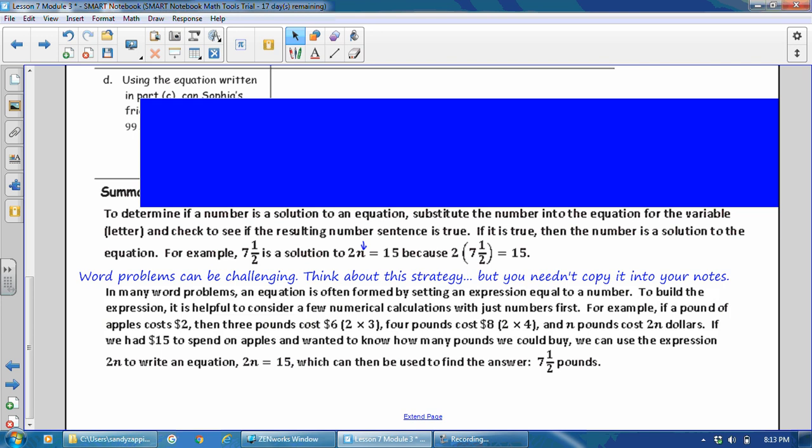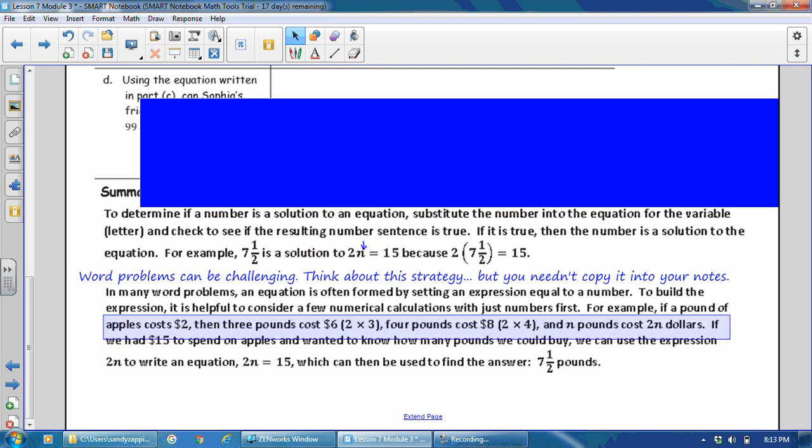For example, if a pound of apples cost $2 and 3 pounds would cost $6, $2 times 3 pounds, and 4 pounds would cost $8, $2 times 4 pounds, then n pounds would cost 2n dollars, because we've figured out that we multiply 2 times the number of pounds to get the cost.